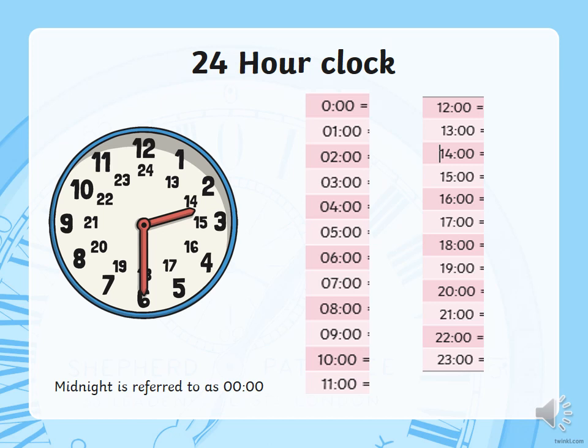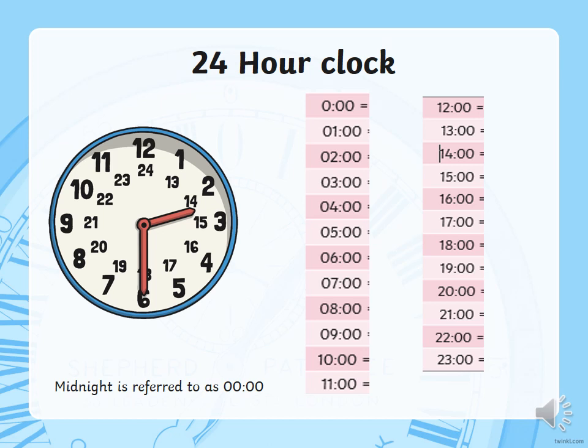So midnight, we start the day off at 00:00. Okay, so it's 00:00, and then it's 1 o'clock, 2 o'clock, 3 o'clock, 4 o'clock, 5 o'clock, 6 o'clock, 7 o'clock, 8 o'clock, 9 o'clock, 10 o'clock, 11 o'clock. And then when it comes to your lunchtime, like we do in school, it comes to 12 o'clock.